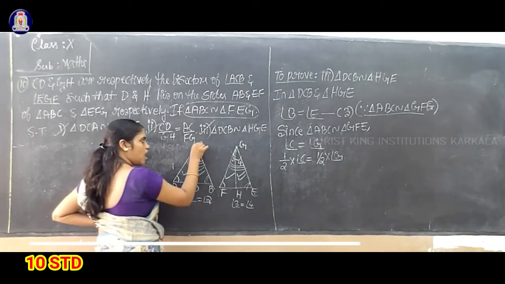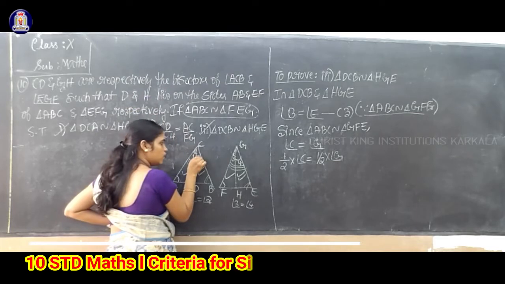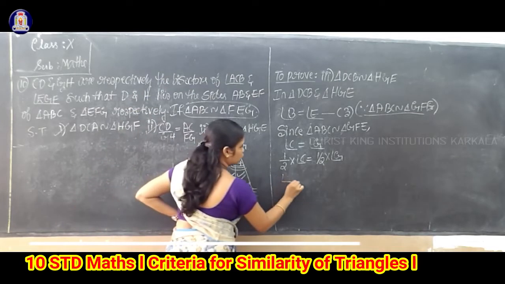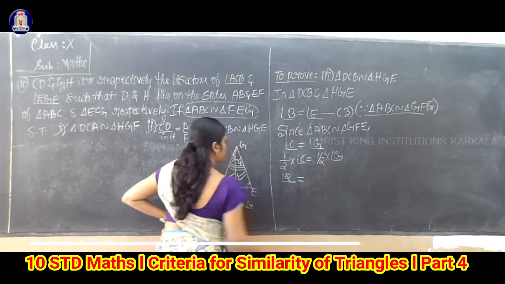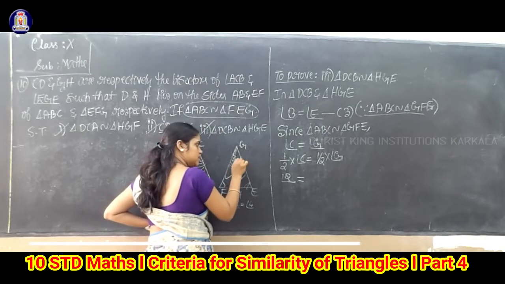What is half of this angle C? Angle 1 I already considered. Now consider angle 2. Half of angle C is angle 2, isn't it? Equal to half of angle G. Angle 3 considered already. Now consider angle 4.